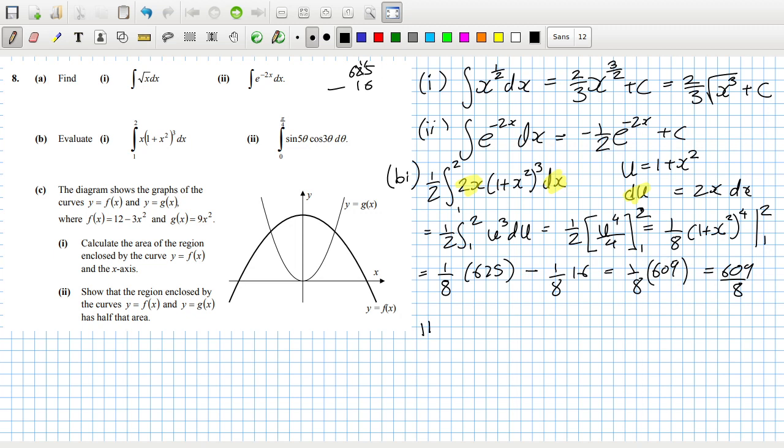Now, number 2, I need a trig rule here, but I don't know them off by heart.